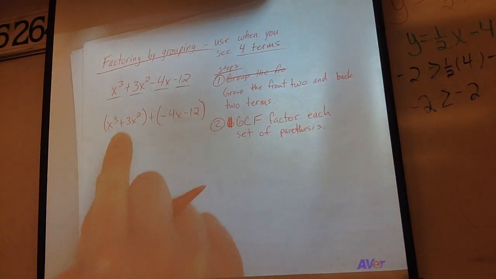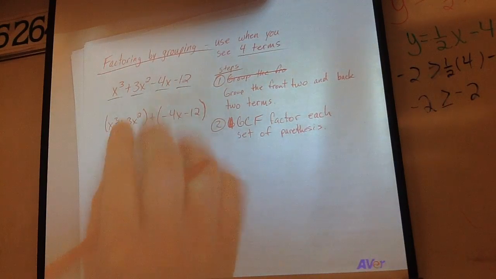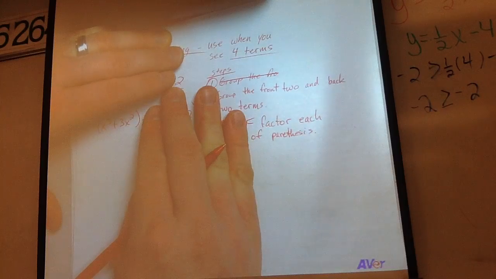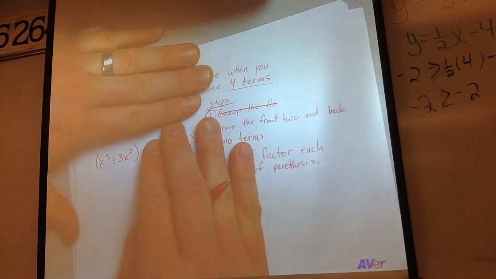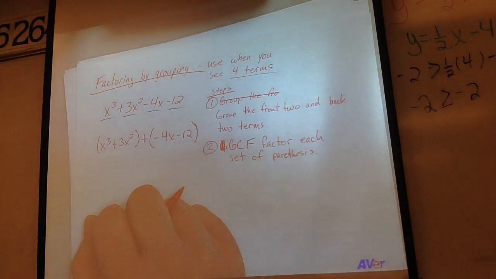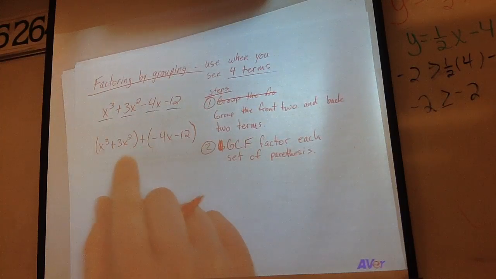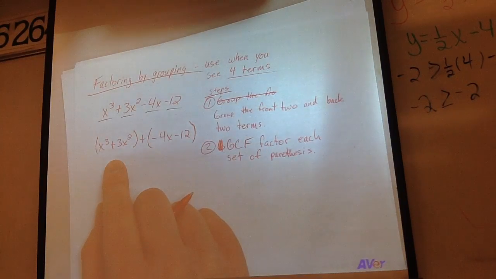So, you know what that means? You look here and you go, okay, just ignoring everything else, can you factor that? Pull out what they have in common, right? What do they have in common?